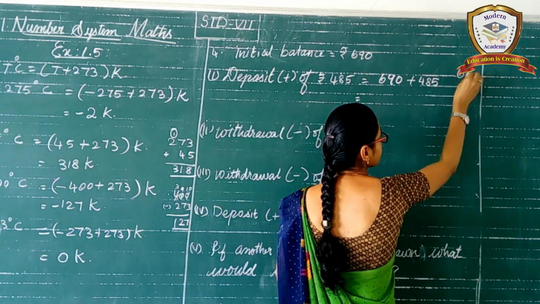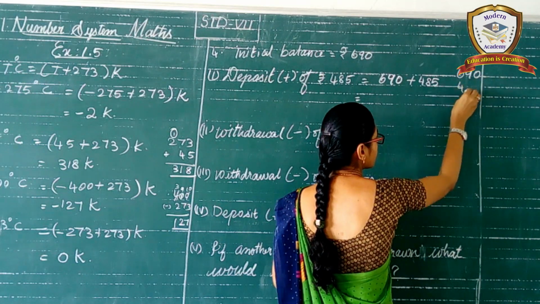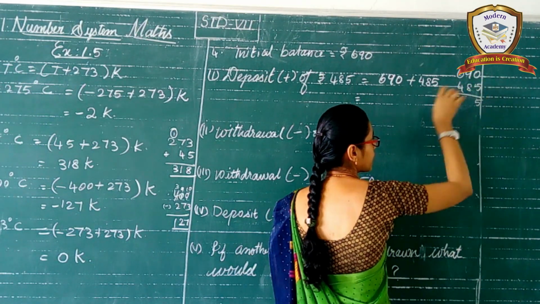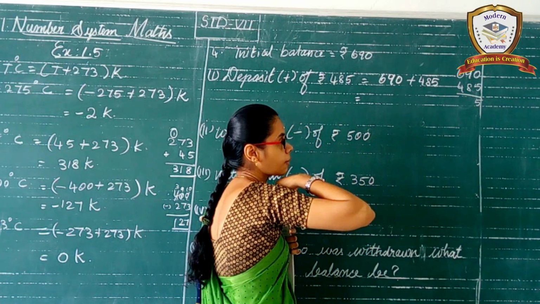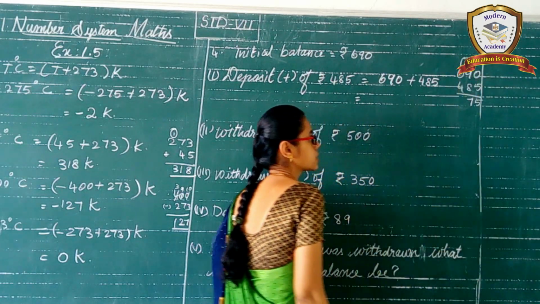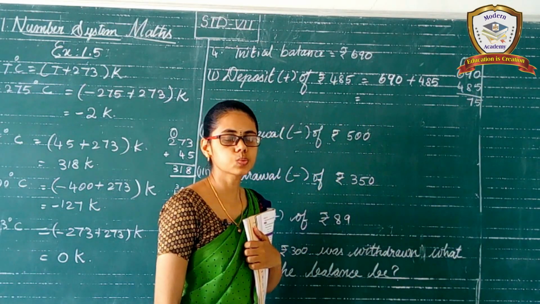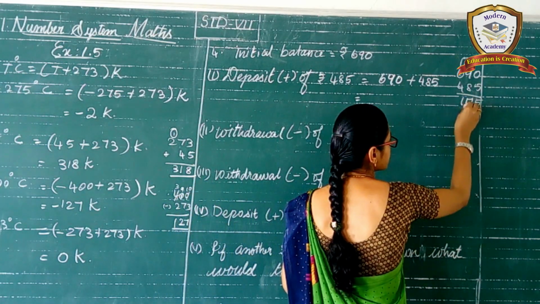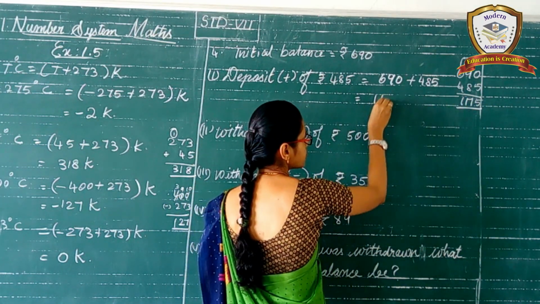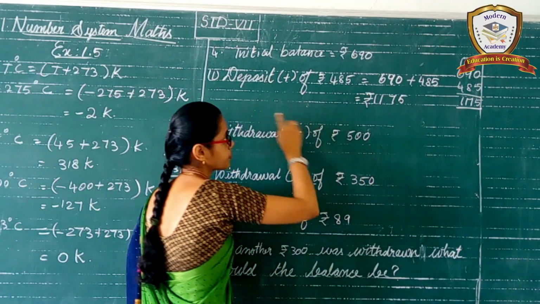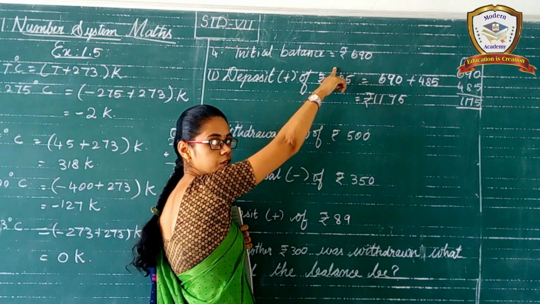So 690 and 485 we have to add. 0 plus 5, 5. 9 plus 8, what's the number? 17. 7. And 1 carry goes to the next number. 6 plus 1, 7. 7 plus 4, 11. So the answer is 1175.